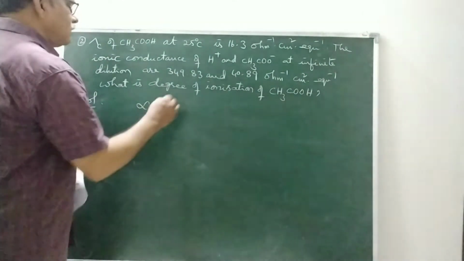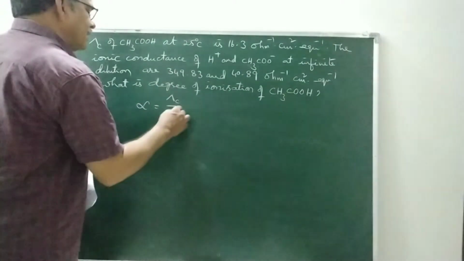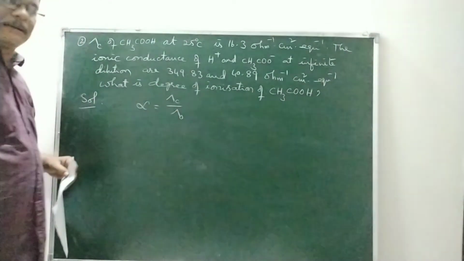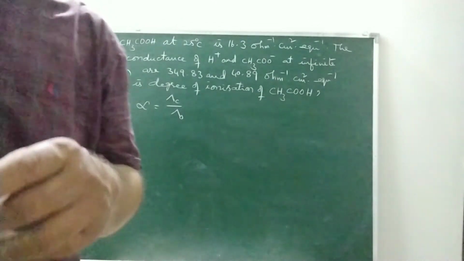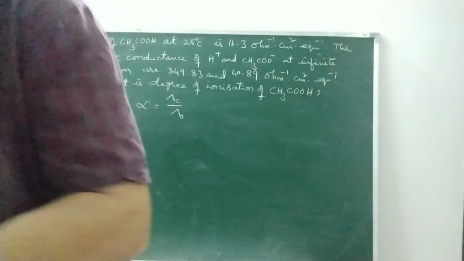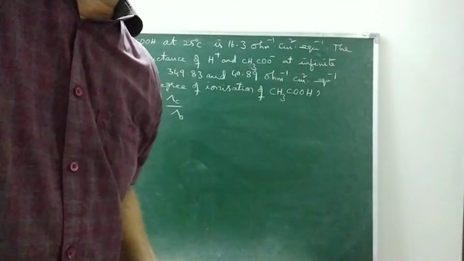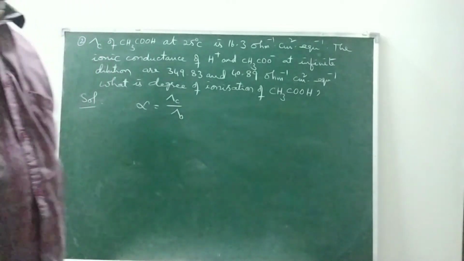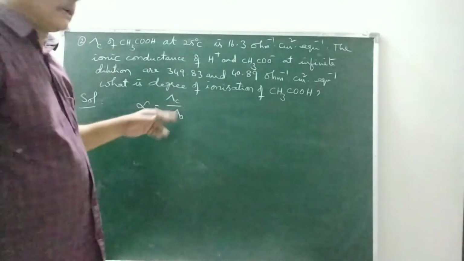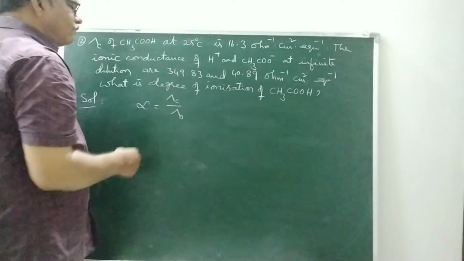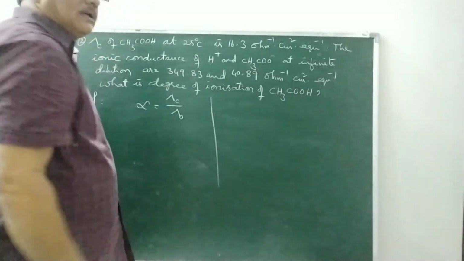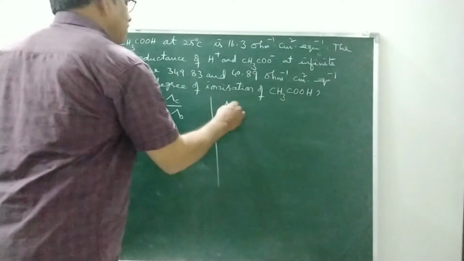So alpha is equal to lambda C by lambda naught. Lambda C is given. Then we have to find out lambda naught. How to get lambda naught?